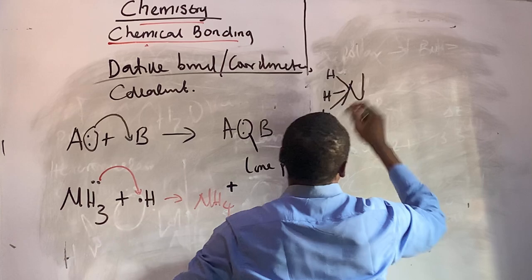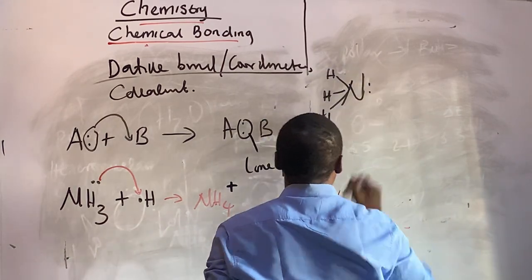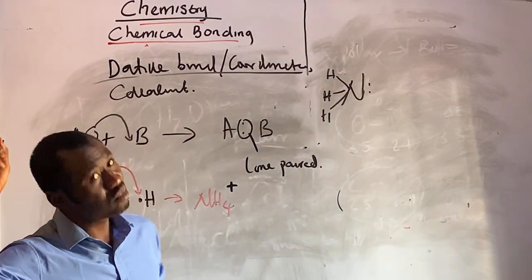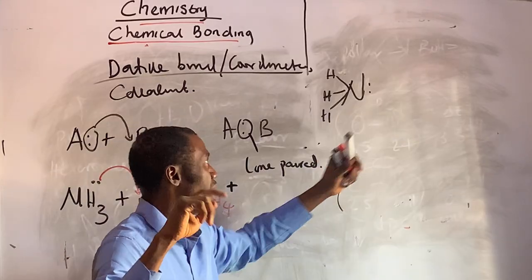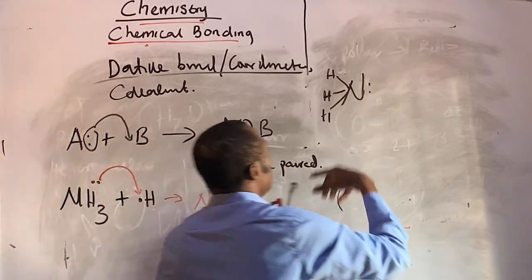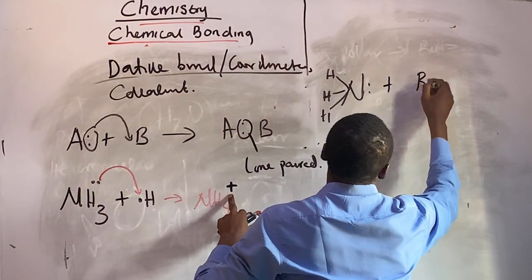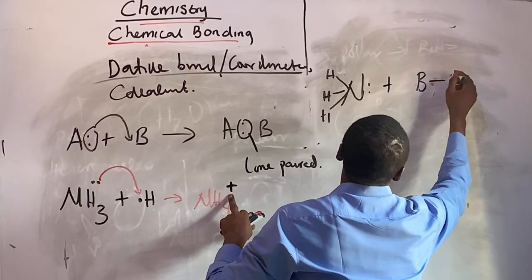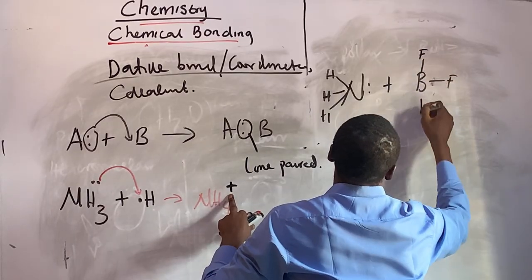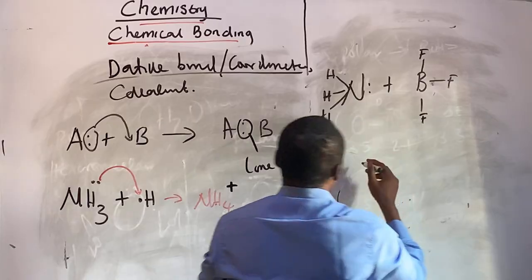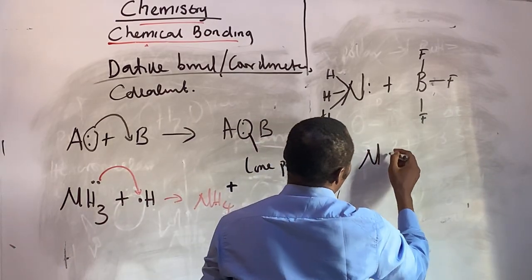All right, now there's a lone pair here. If you check where I was talking, you know there's a lone pair here. Now the lone pair will be given out to BF3. So the bond that will be formed here will look like this.